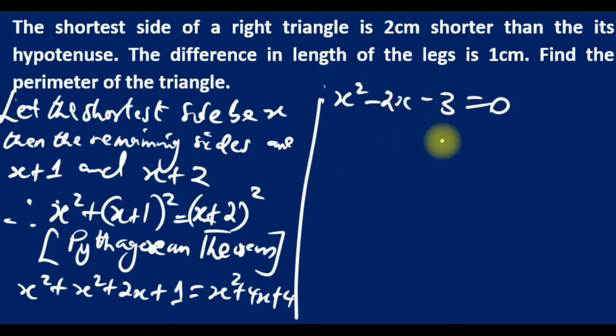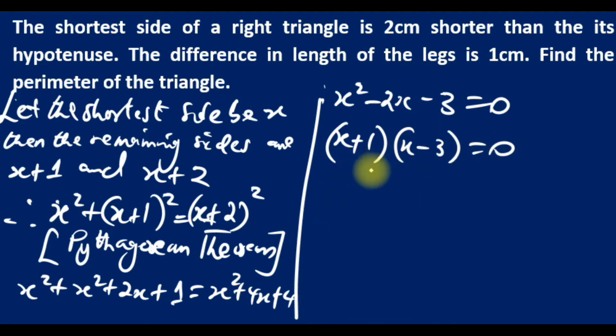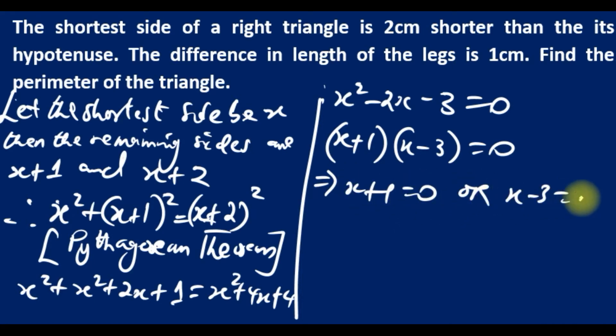So we'll write this in factored form, which is (x minus 3)(x plus 1). If you open this up, we'll get this. The product of two numbers being 0 implies that x plus 1 is 0 or x minus 3 is 0. So I have x is minus 1 or x is 3.